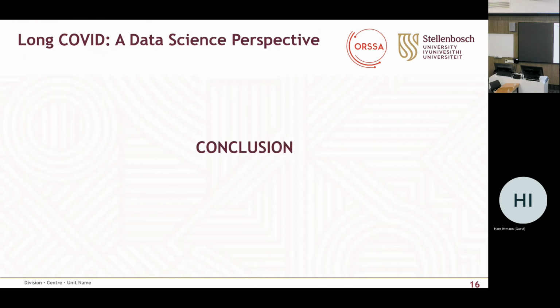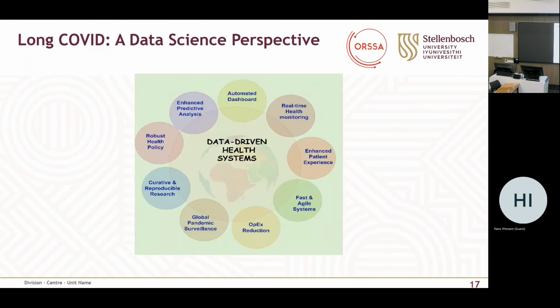So, in conclusion, we have a data-driven system, and you may wonder why. Data science can help with enhanced predictive analysis for long COVID. It can also help with robust health policy, down to reducing OPEX. It can also create a fast and agile system, like a model that can help the doctor know what the exact symptoms may be, because patients can't always explain their symptoms.